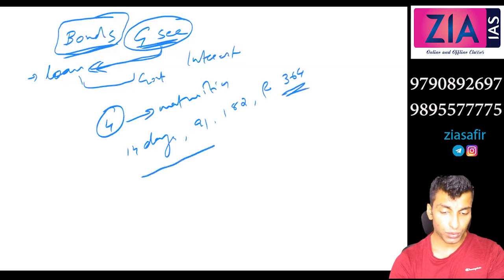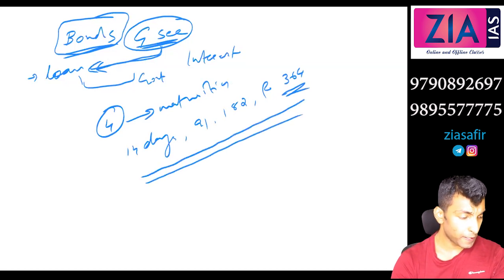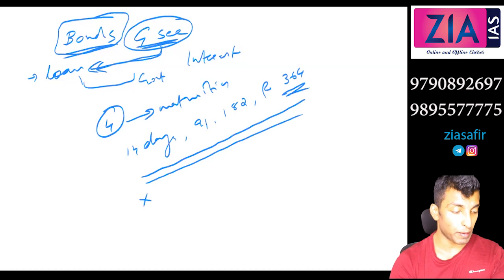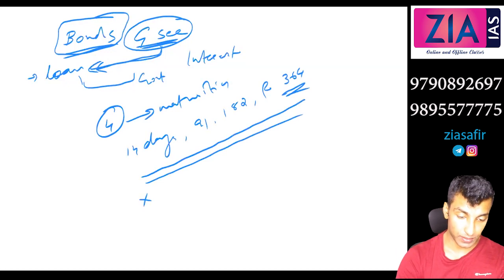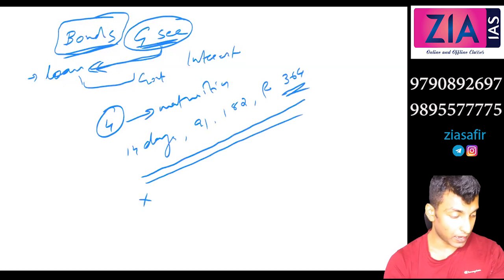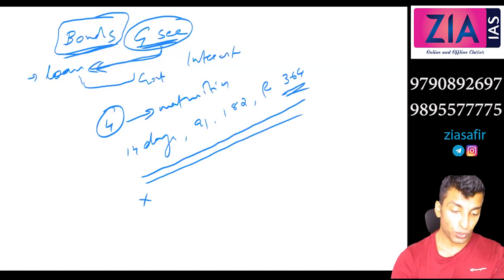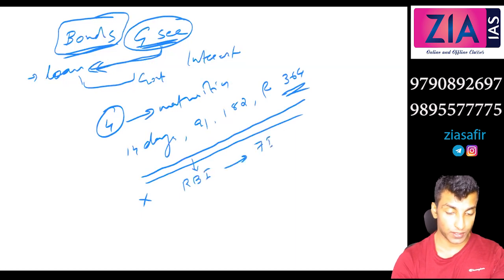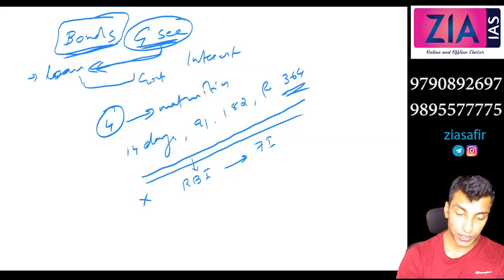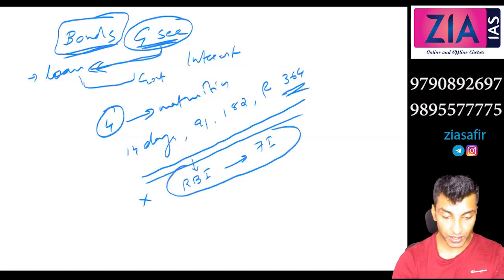Now, is it given to the general public? It is not sold to the general public, only to financial institutions. So who is issuing this? It is issued by RBI and issued to financial institutions. What are financial institutions? That is what we are discussing from this chapter's beginning, right?